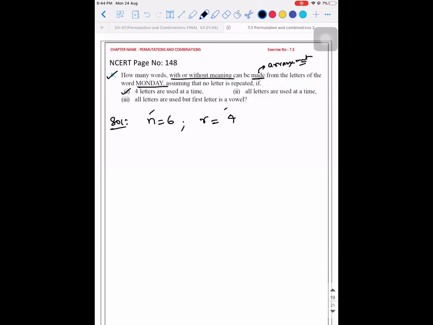So it is 6P4. What is 6P4? 6 factorial by 2 factorial, that is 6 into 5 into 4 into 3. So 30 into 12, it is 360. Right? It is 360.